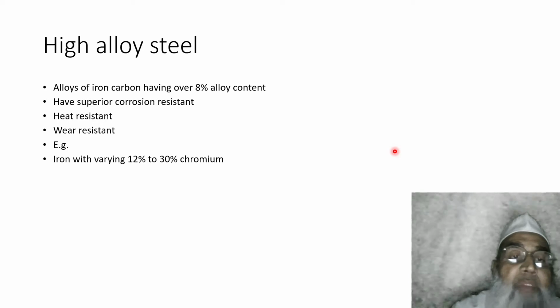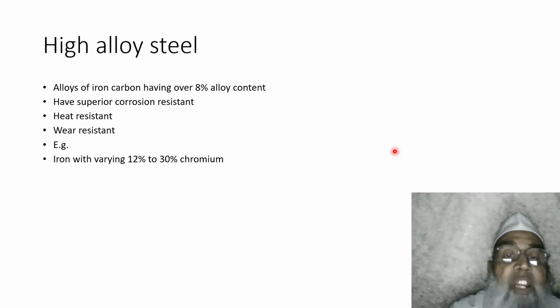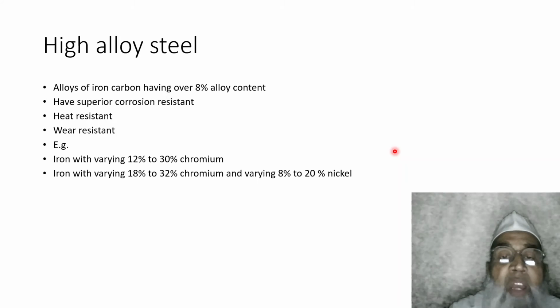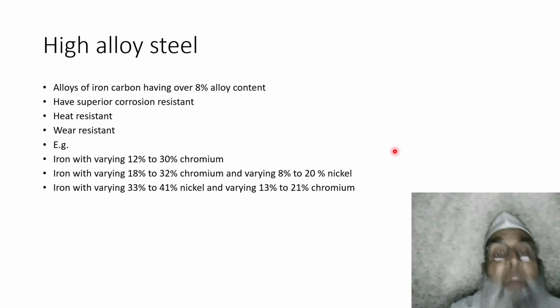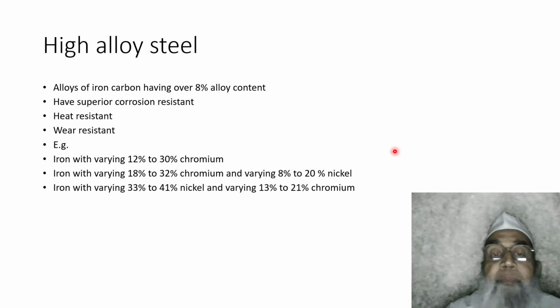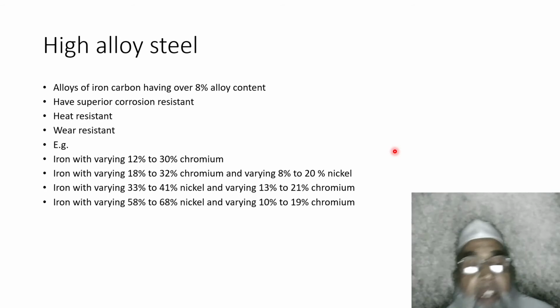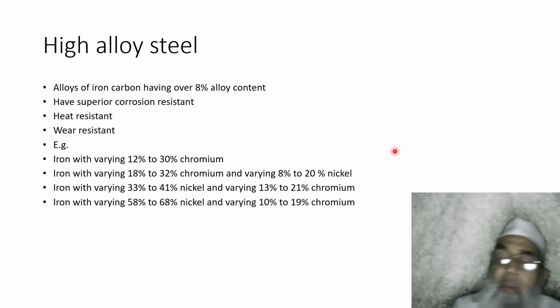Now, some examples of high alloy steel are given here. Iron with 12 to 30% chromium; iron with 18 to 32% chromium and 8 to 9% nickel; similarly, iron with 33 to 41% nickel and 13 to 21% chromium; and iron with 58 to 68% nickel and 10 to 19% chromium.